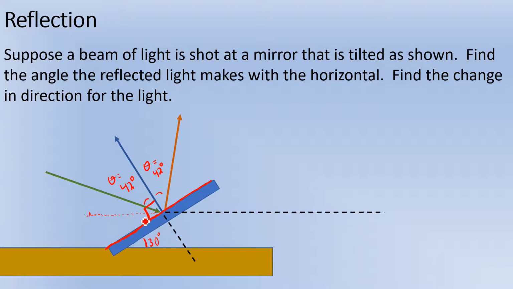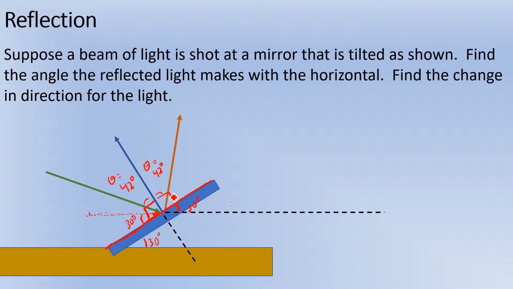So this angle right here is 30 degrees because of alternate interior angles. Now by vertical angles, this angle right here, hopefully you can see that these are vertical angles. This is also 30 degrees.